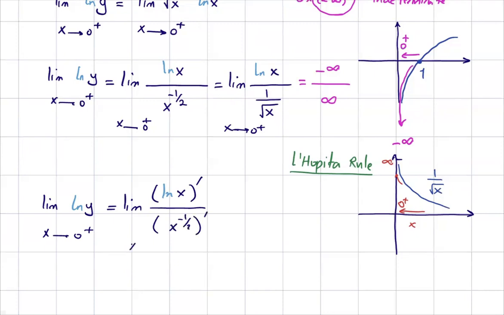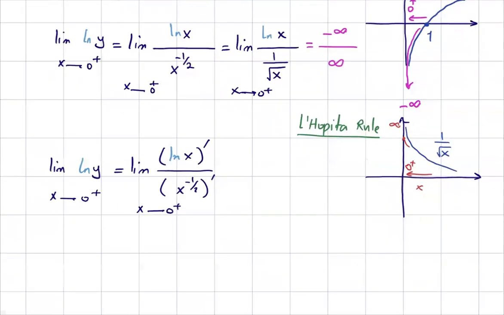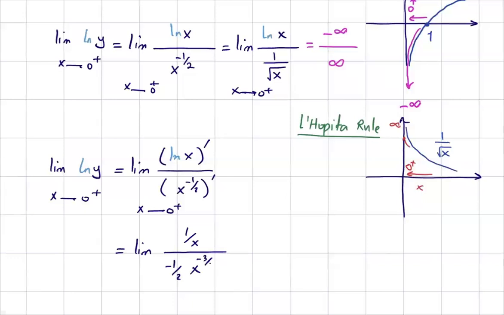It makes it easier for us to do the computation, which in turn can be written as the limit of 1 over x divided by negative a half x to the power negative 3 halves as x goes to 0 from the right-hand side. Can we simplify this further?